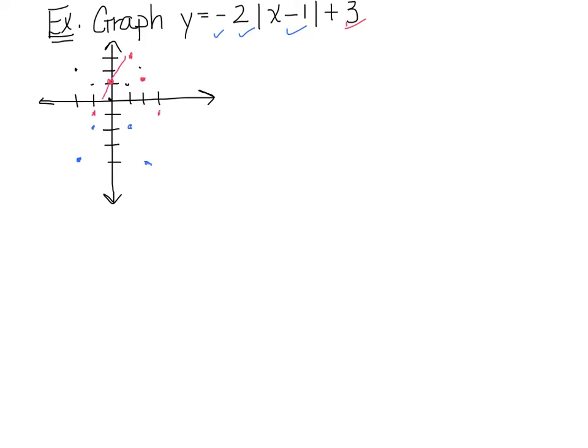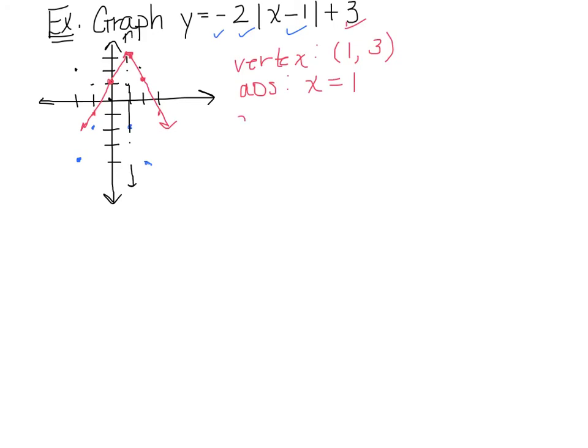And there's our V graph. And then we'll do our vertex, which is H and K. And if you notice, even from our graph, you can see the H is 1 and K is 3. And then we have our axis of symmetry, which is x equals h, which is 1. So right down the middle.